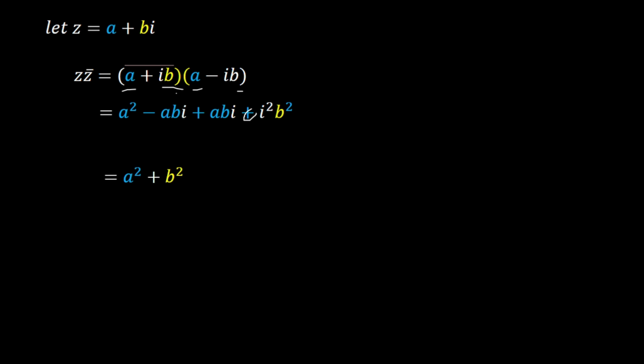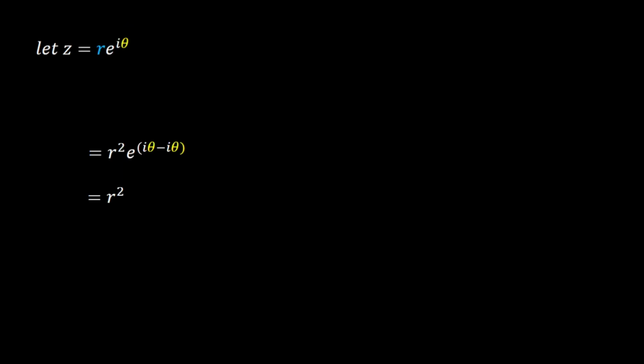Simplifying this, since i squared is negative 1, negative and negative will give a positive, whereas the abi terms cancel out, and we come out with this amazing part, which is equivalent to the magnitude of z squared, just like squaring this one.